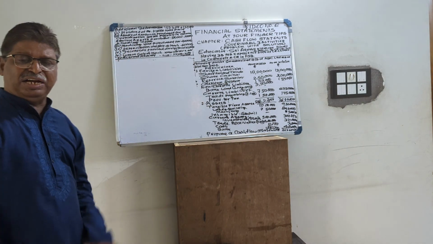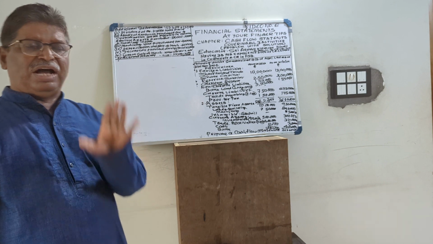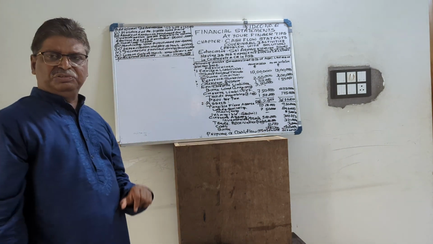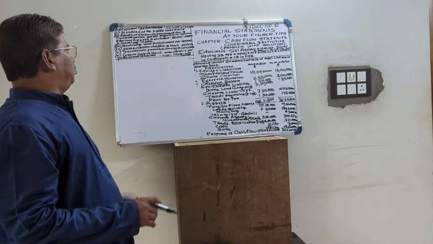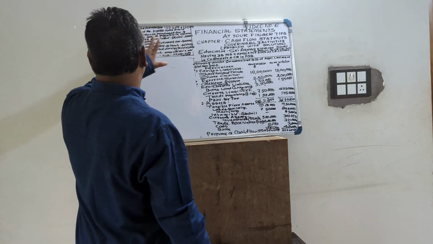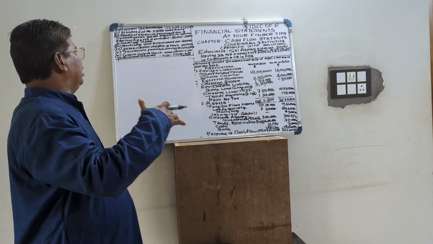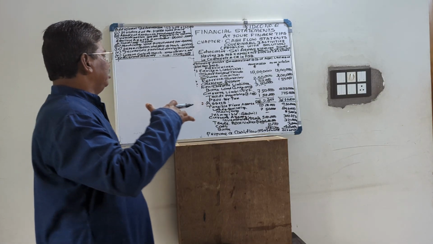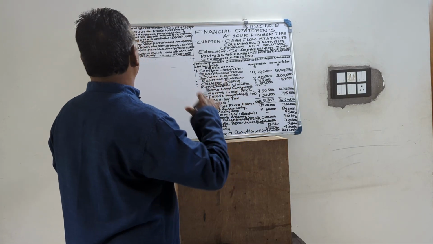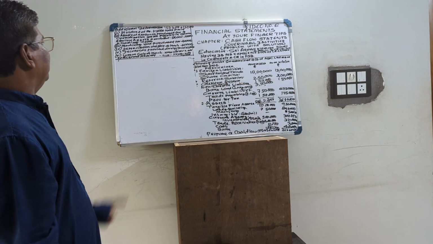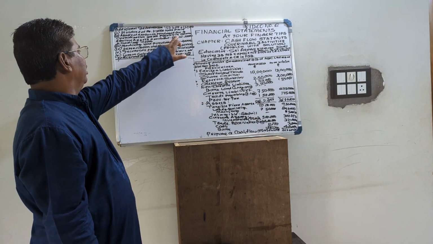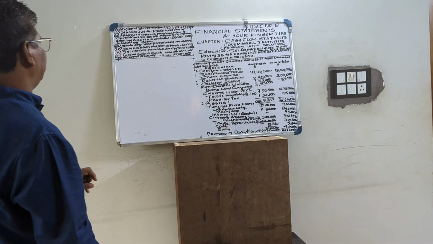So you should know how much has been paid for goodwill, because the company is issuing the equity shares to the other company. It means the company is paying goodwill 75,000, which is the balancing figure.